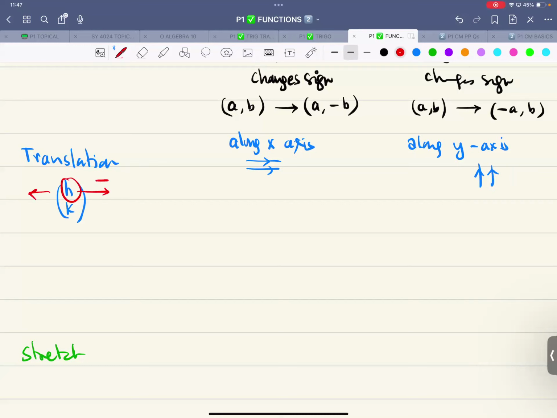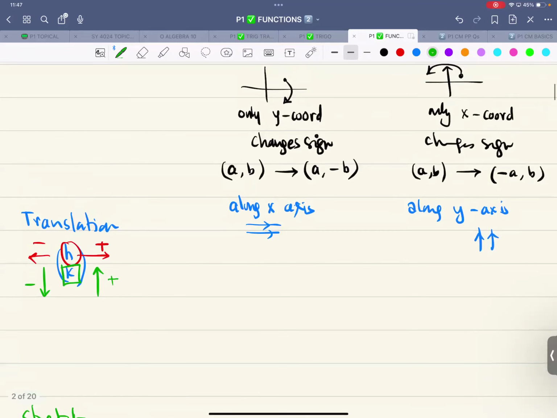It could be right, it could be left, it could be positive, it could be negative. And k is along y-axis, up is positive, down is negative. How to write it is something separate. As such, if the value of h and k is positive, just like O-level maths, just like IGCSE, along the positive x-axis, a positive number means move right.